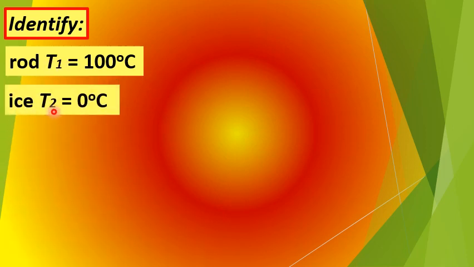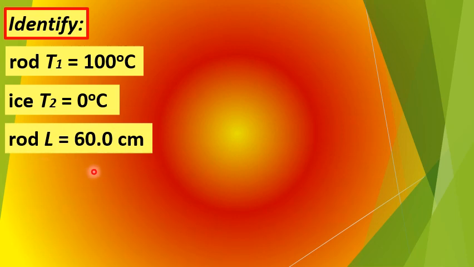The other end of the rod is kept at the temperature of the ice. A certain amount of ice is placed on the other end of the rod, whose temperature is labeled here as T sub 2, and it is equal to 0 degrees Celsius.